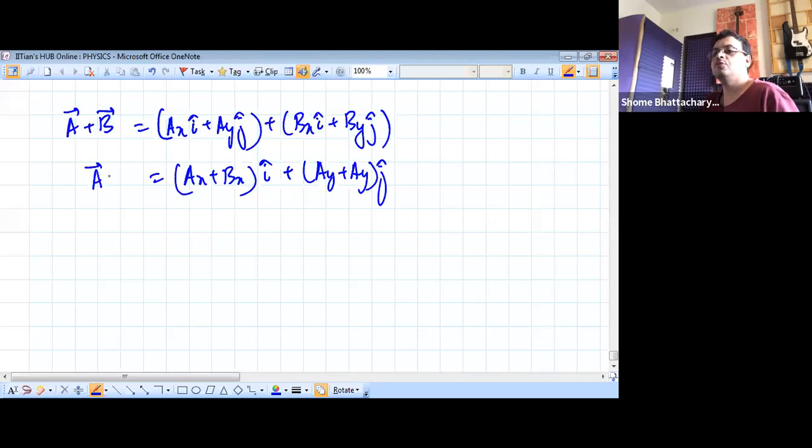So this becomes a formula of how to do addition of vectors in component method. I'll slide up, don't worry.